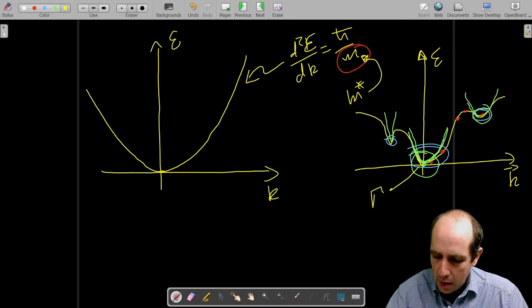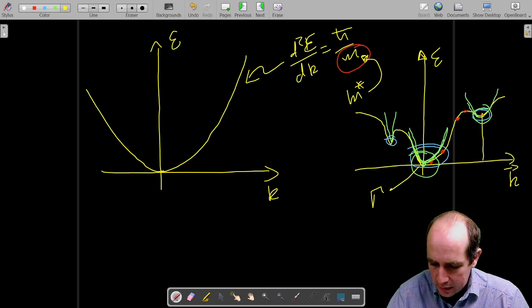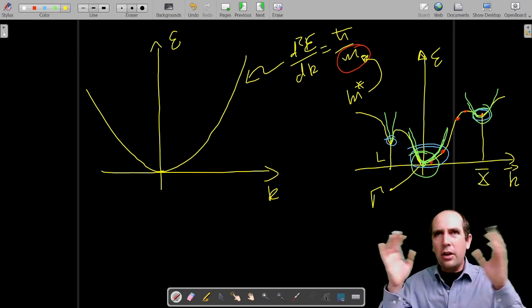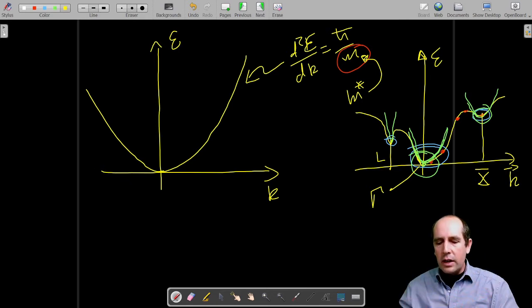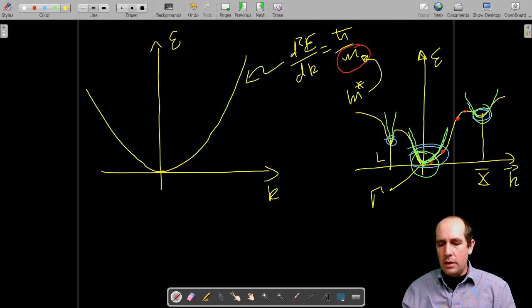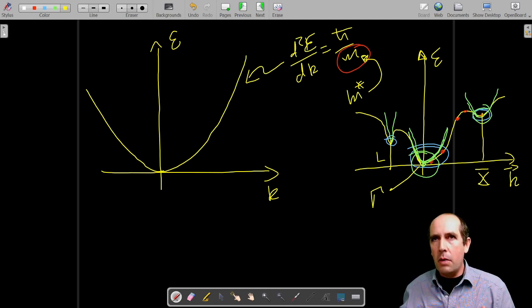And for some others, for example, for gallium arsenide, there's what's called the X valley and the L valley, and so on. It doesn't really matter, the labels. They have many names, M and so on. I don't want to go into all the details of how to name all these high symmetry points in the first Brillouin zone.